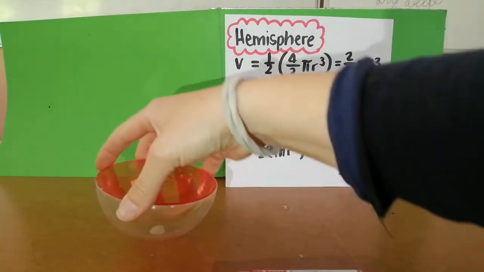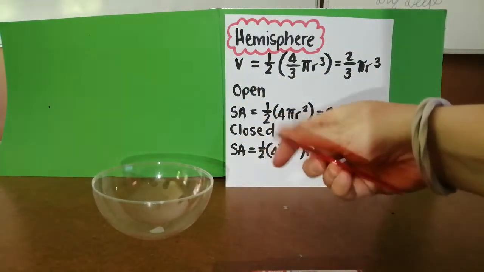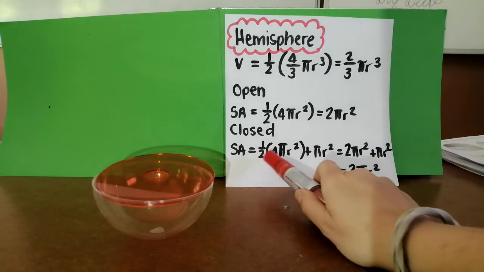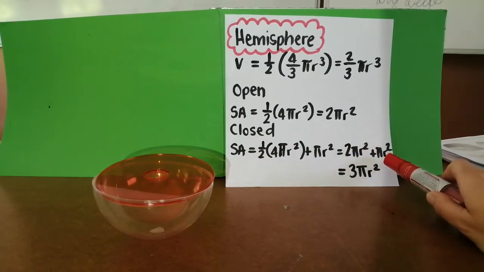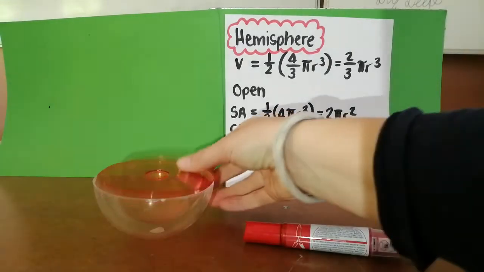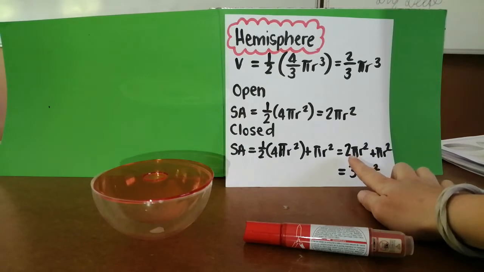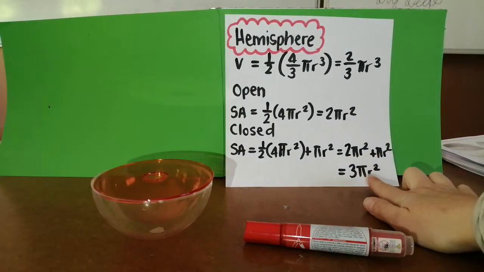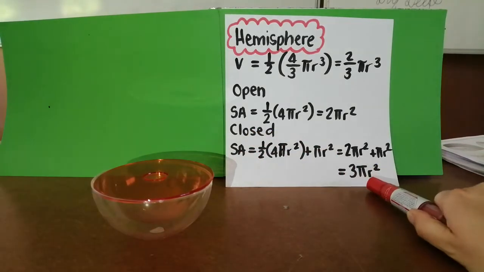When I simplify half times 4, I get 2 pi r squared plus the second pi r squared, which was the circle. These two are like terms: 2 pi r squared plus pi r squared leaves me with 3 pi r squared. So the surface area of a closed hemisphere is 3 pi r squared.